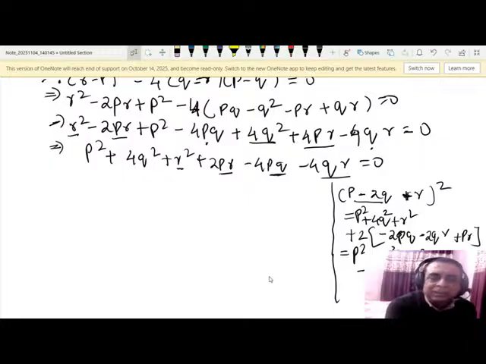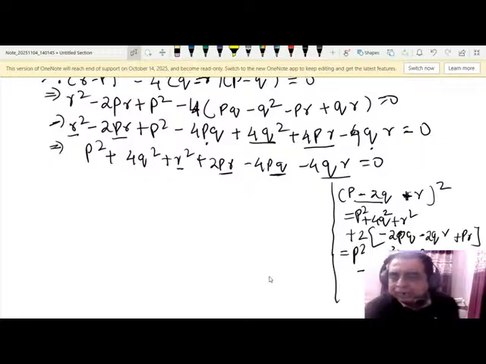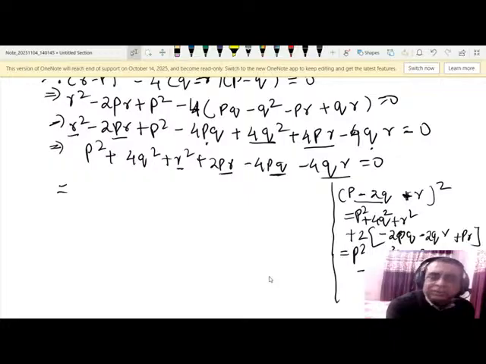So that is the thing we are having here: p squared plus 4q squared plus r squared plus 2pr minus 4pq minus 4qr. So this is equal to (p minus 2q plus r) whole square.